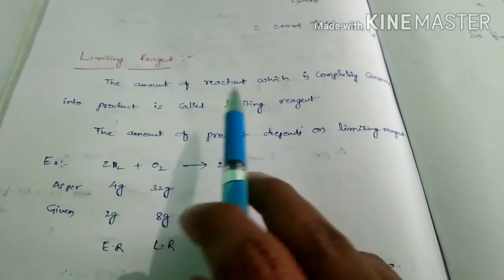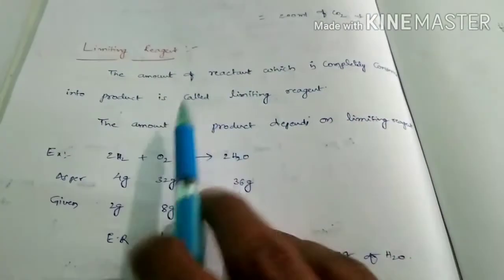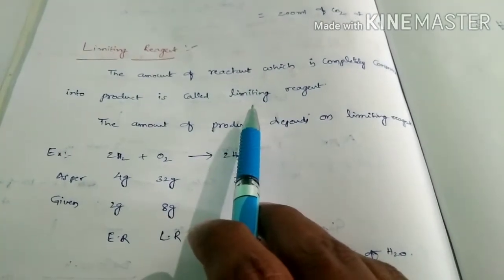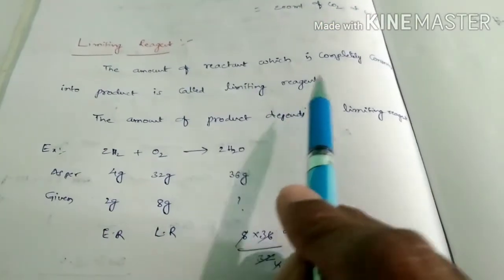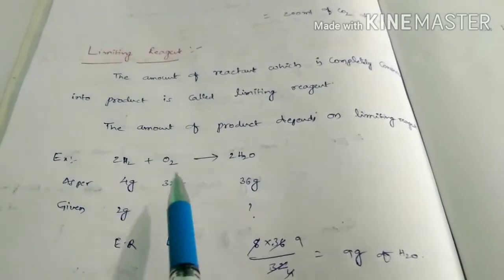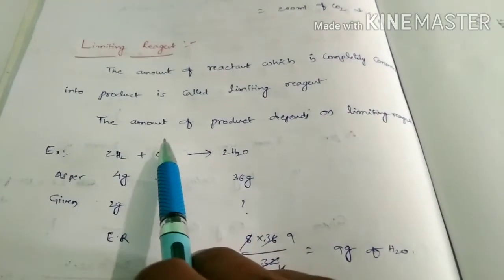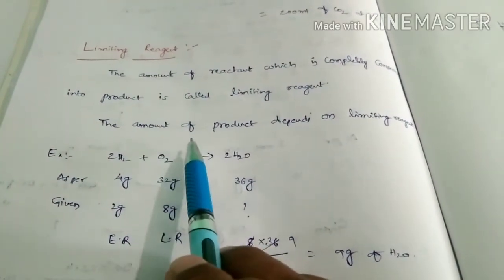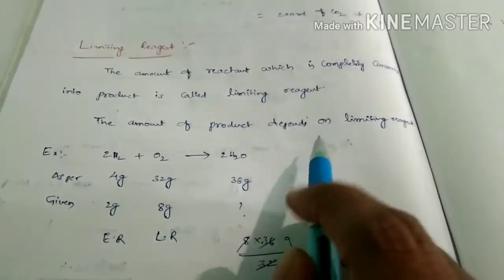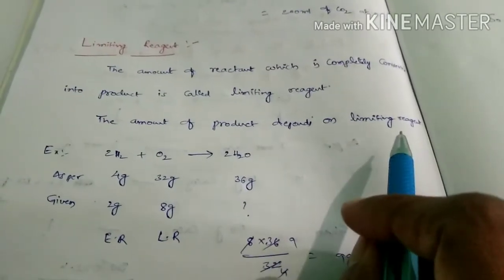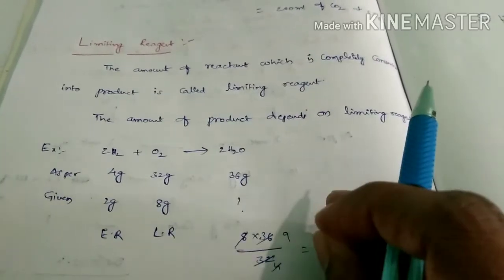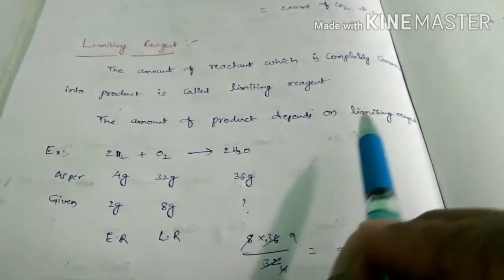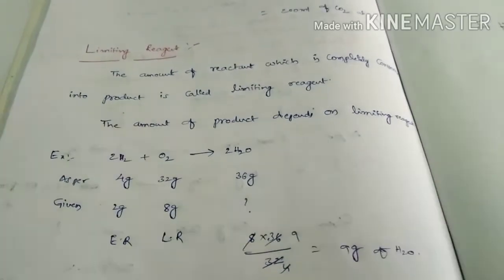So the amount of reactant which is completely converted into product is called the limiting reagent. That is the definition. Next, second point: the amount of product depends on the limiting reagent. That means the amount of the product in a given reaction depends on the limiting reagent.